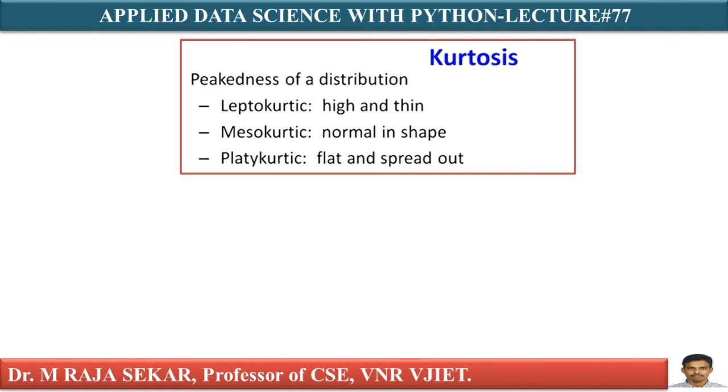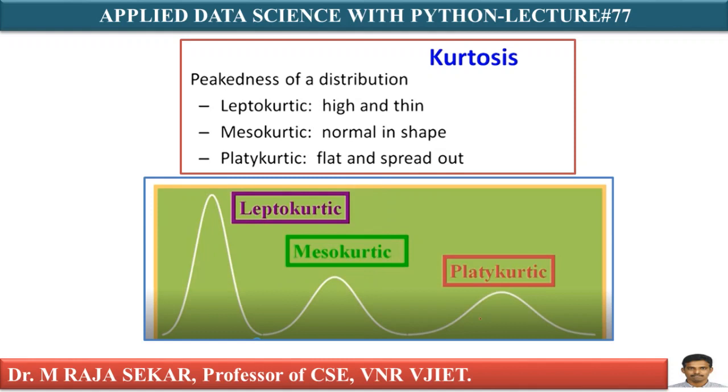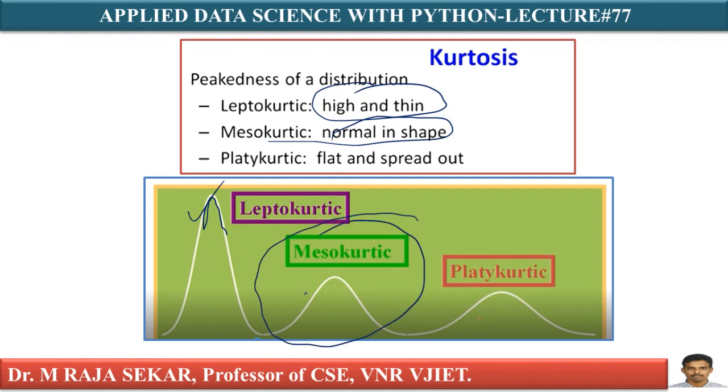Just see this one. What does it say? What is the meaning of leptokurtic? What does the name itself say? High and thin. That is leptokurtic. This is high and thin. This is known as leptokurtic. Mesokurtic means normal in shape. This one is the normal curve, the Gaussian distribution, normal distribution curve, isn't it?